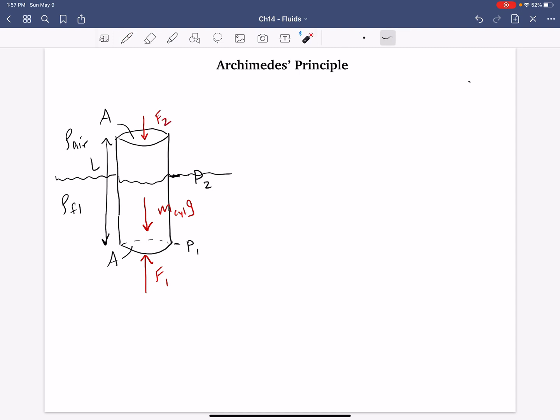Notice the magnitudes of F1 and F2. F1 is larger than F2, and that comes from Pascal's principle. There's simply a difference in height, thus the forces and the pressures must be different.